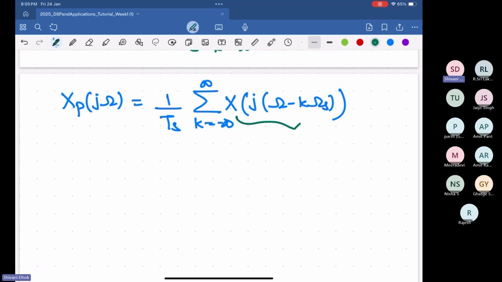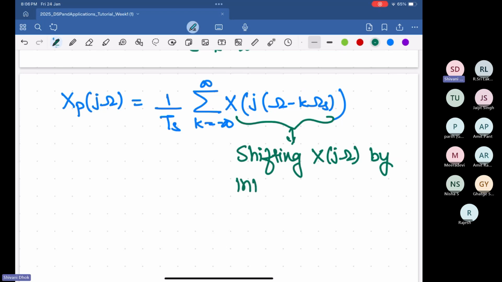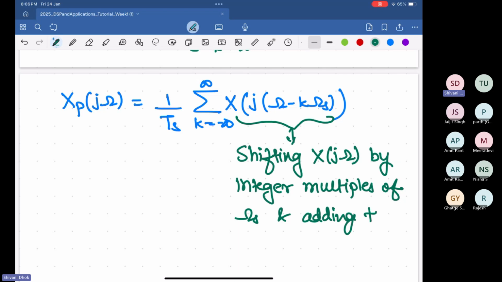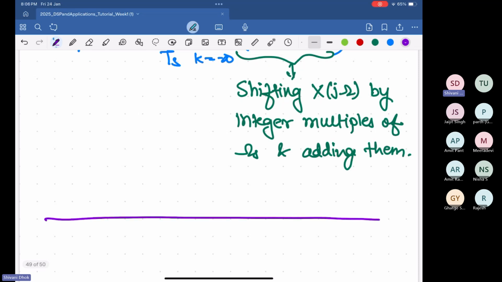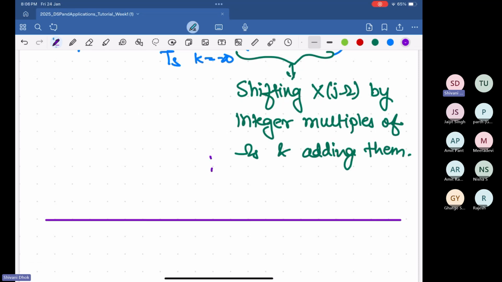So what does this mean? This means that we are shifting X of j omega by integer multiples of omega s and adding them. Let's say this is 0, this is omega s, this was omega m, this was minus omega m, and this is minus omega s.